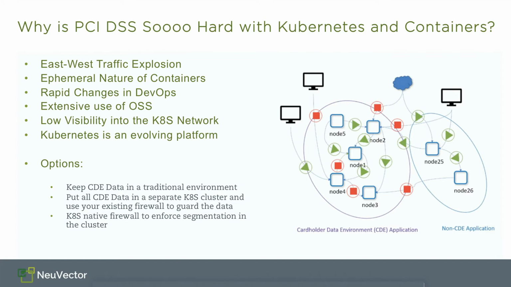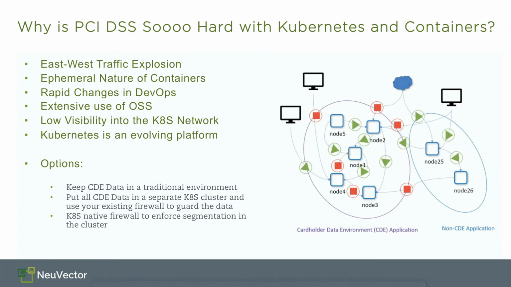We're going to talk about how virtual patching is going to help with that a little bit later on. We're talking about the low visibility into the Kubernetes network. It's by itself fairly hard to monitor, and so NeuVector provides visibility into that.